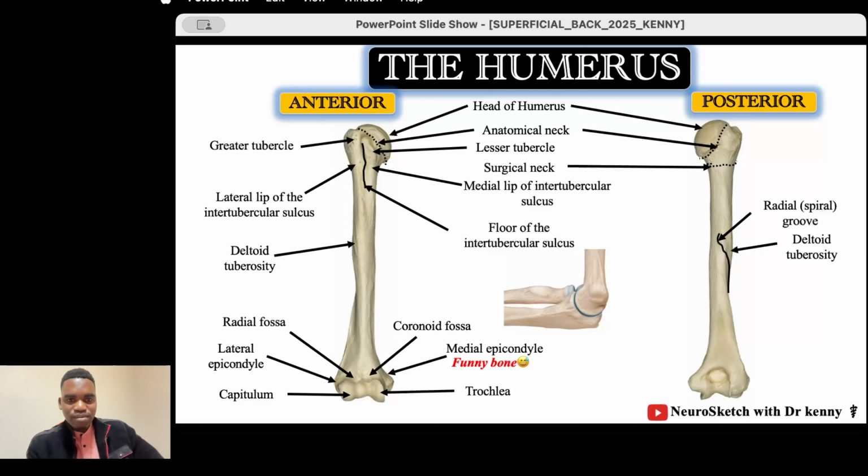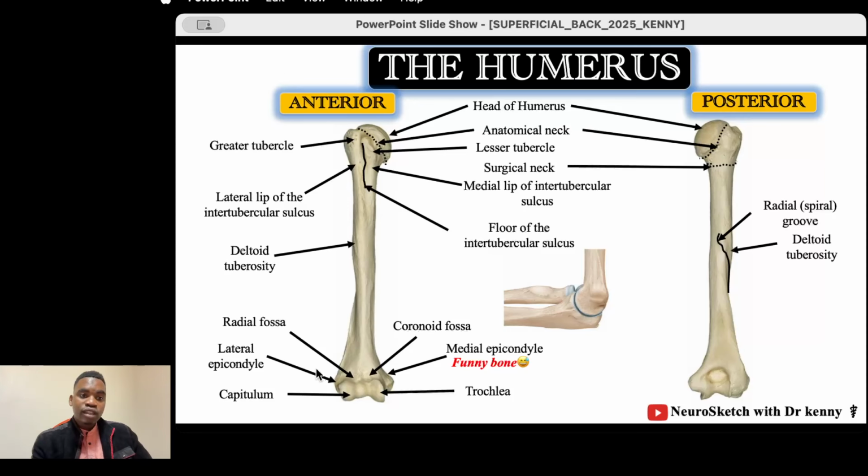This is what I'm talking about. This is the coronoid process of the ulna, and this is the head of the radius. So when you are flexing the elbow joint, this part over here is going to come all the way to occupy this part, which is known as the coronoid fossa, and of course the head of the radius will move in this direction to occupy the radial fossa of the humerus.